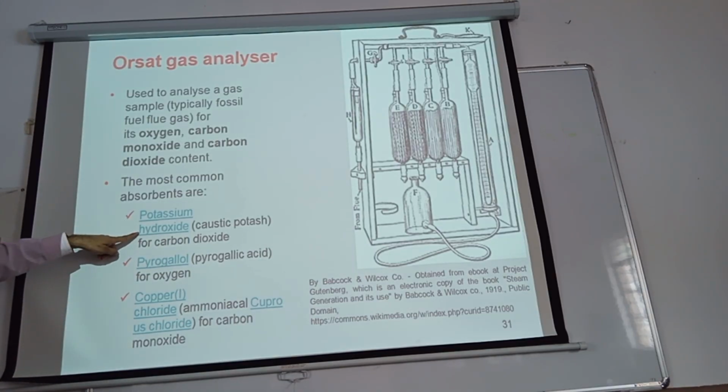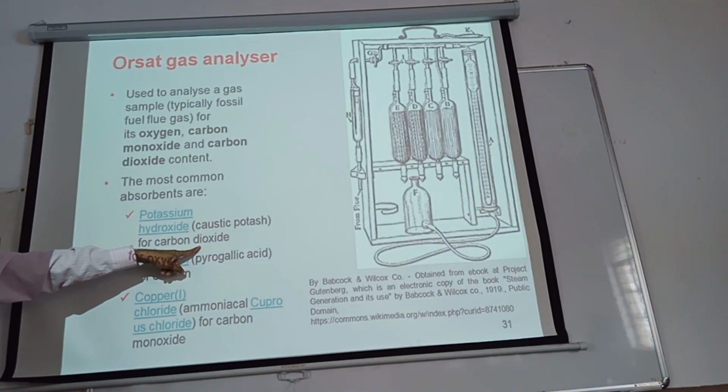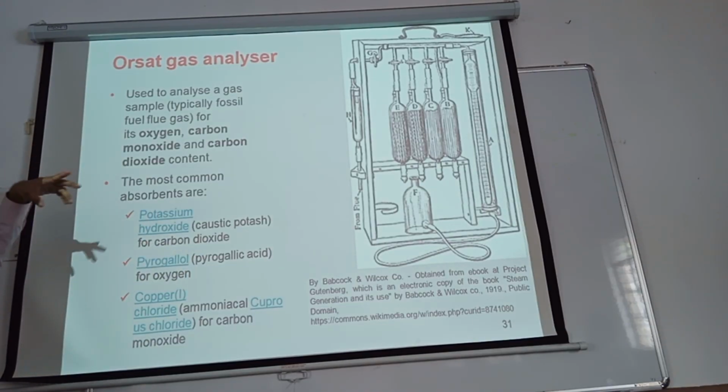That is called the exhaust gas analysis by Orsat. So here you see potassium hydroxide or caustic potash for carbon dioxide. It will absorb carbon dioxide. So the mixture will pass through that caustic potash solution. Then after that, it will pass through pyrogallol, pyrogallic acid, for oxygen.